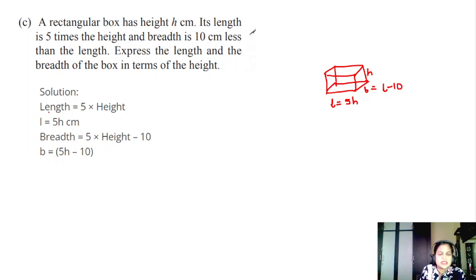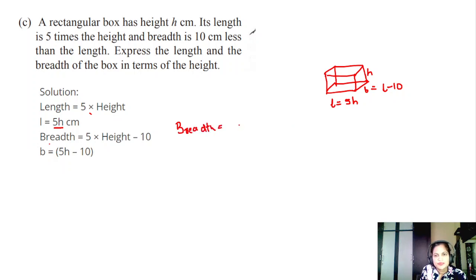So what is length? Length L is equal to 5 into height. It is given the rectangular box has height h centimeter, its length is 5 times the height. Height means h, therefore it is 5h centimeter. Then breadth is 10 centimeter less than the length. Breadth is equal to L minus 10.